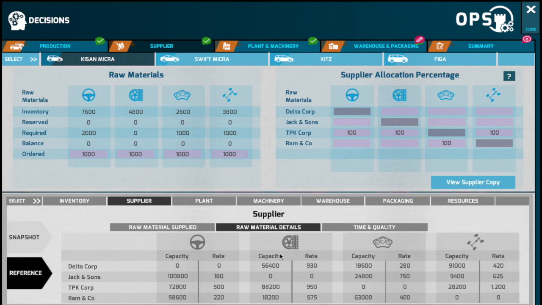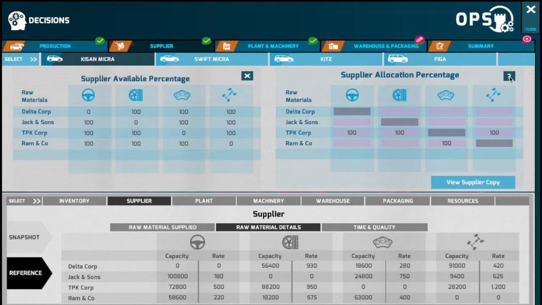The capacity is common to both the teams, which means that if one of the teams is ordering more from a particular supplier, the other teams would have a lesser amount of capacity to choose from. So in order to understand the overall supplier available capacity, please click on the help menu icon on top to understand the capacity of the suppliers.